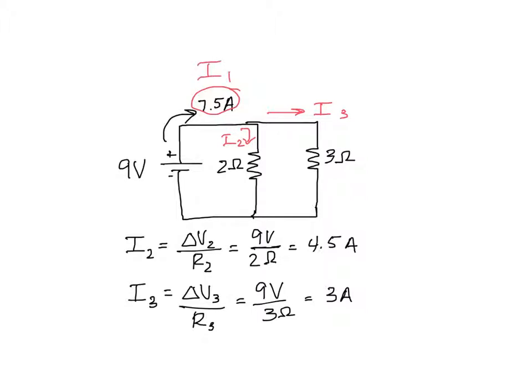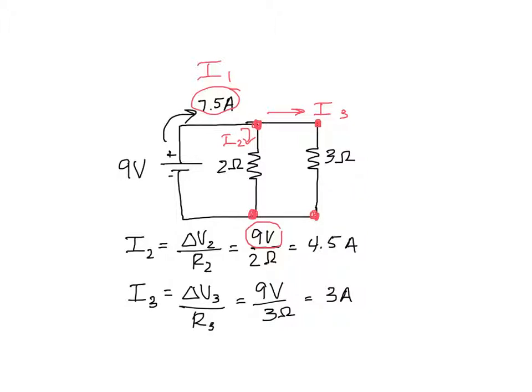Well, I2 is just going to be equal to the voltage across the second resistor divided by the resistance in the second resistor, or the 2 ohm resistor. And we have already said we have 9 volts from this junction down to this junction. It's a 9 volt difference provided by that battery. Same 9 volts as you have across those two junctions as well.